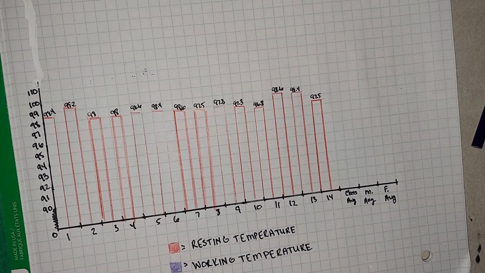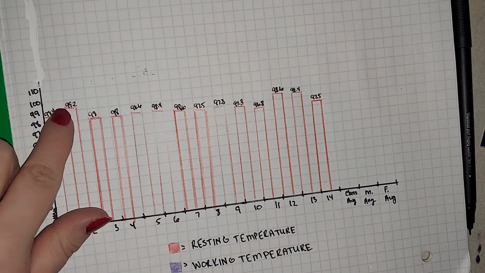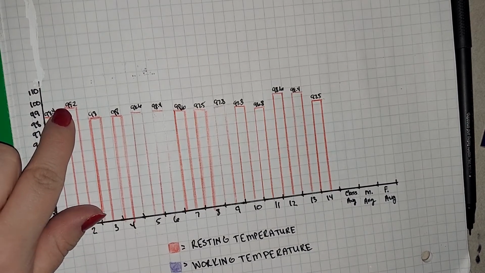For this next part, we're going to do the average, where we add up all these numbers. So 98.4 plus 99.2.